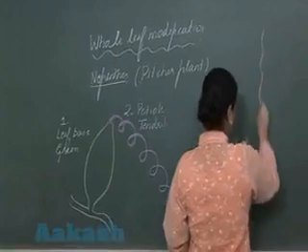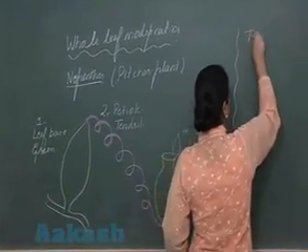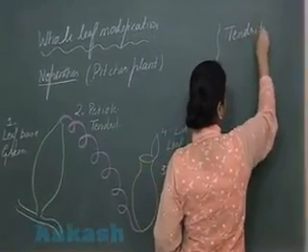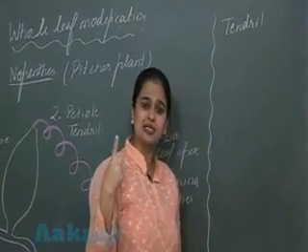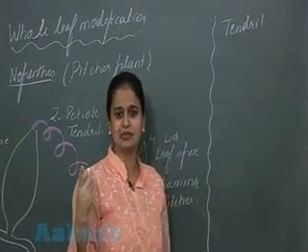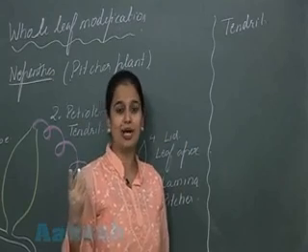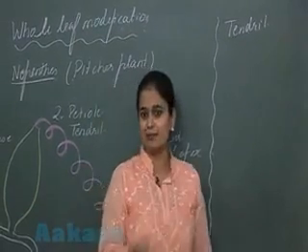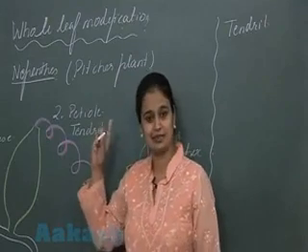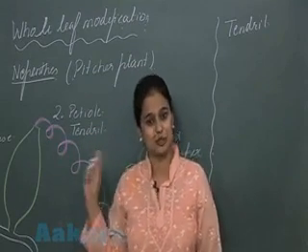Now, tendril. We have discussed while discussing the stem that tendril is a thin thread-like wiry structure which is involved in climbing. So one example I have discussed here is that the tendril is formed by the petiole.